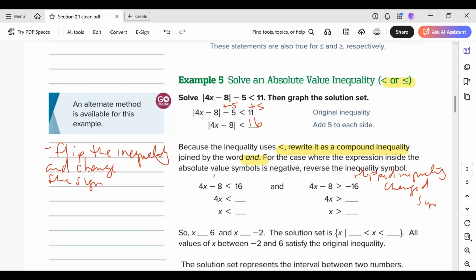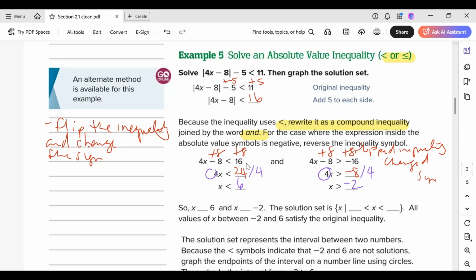Now I'm going to add 8 to both sides. So I get 24. I'm going to add 8 to both sides, and I get negative 8. I'm going to divide by 4 on both of them because, again, you have a 4 attached to x. So I become a positive 6 and a negative 2.